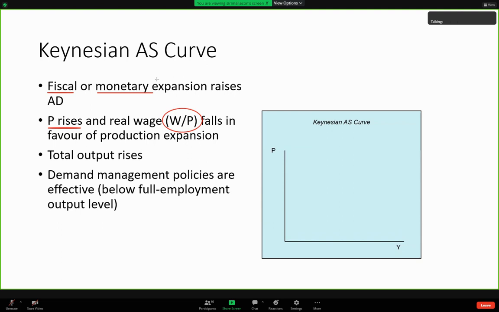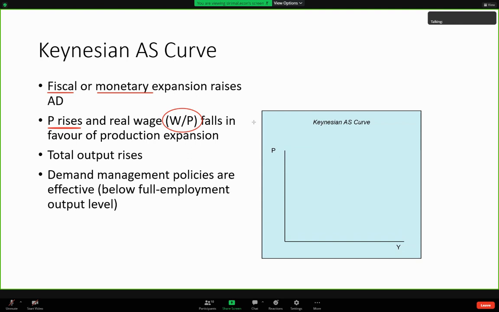So there is an incentive to the producers to hire more labor and expand production so that output rises. That's why, until the economy reaches the full employment output level, demand management policies recommended by Keynesians are effective in accelerating economic growth.